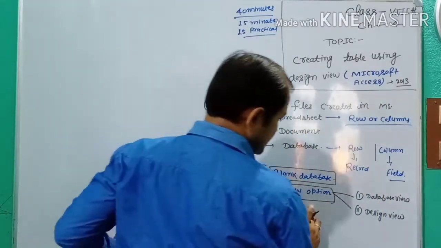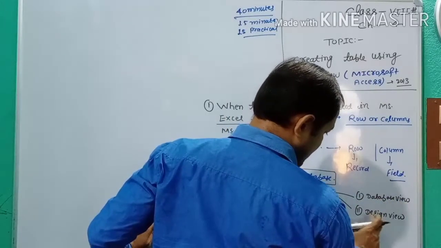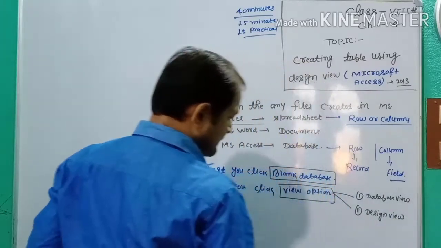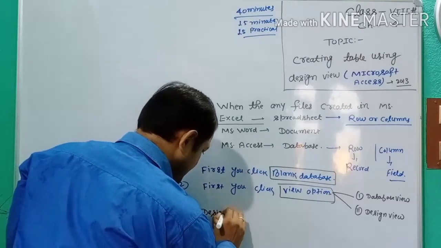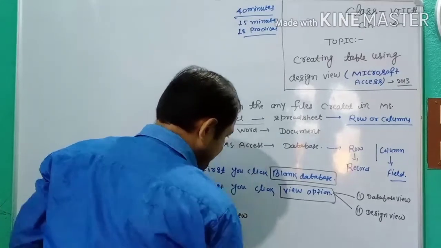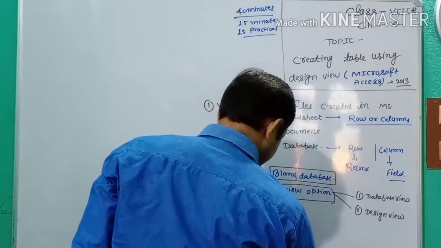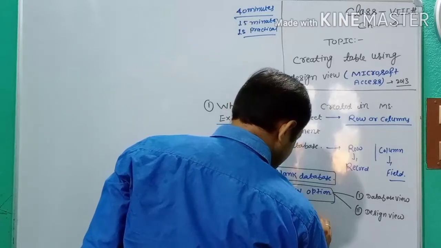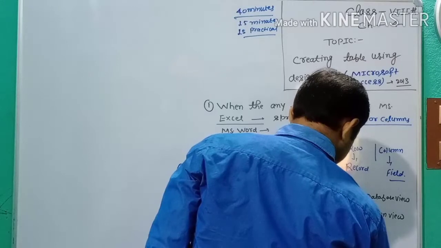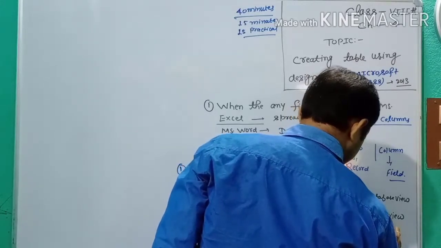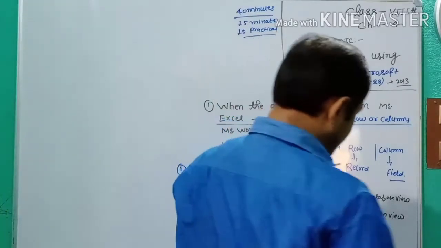So first you click the View option. There are two types of view option available: Database View and Design View. My dear student, I repeat, Design View is the best option to create a table.